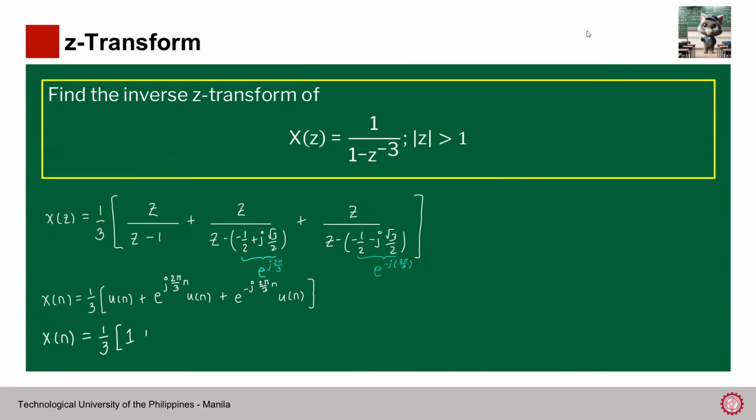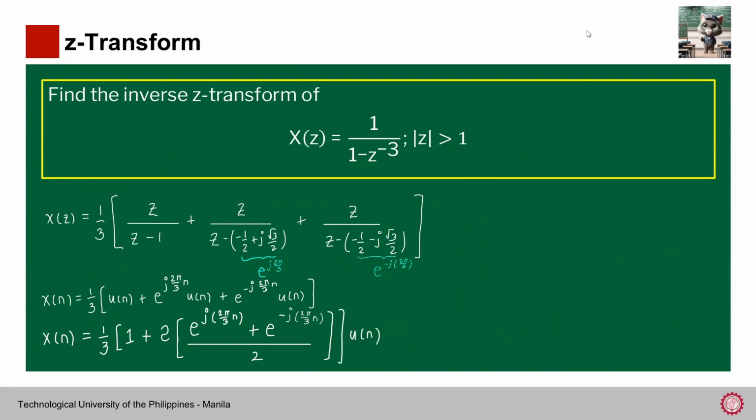Tapos ito, we can write 2 here, para yung e raised to j ng 2 pi over 3n plus e raised to negative j ng 2 pi over 3n, ma-divide natin by 2. Tapos, nandito yung u of n, pinactor out natin si u of n.